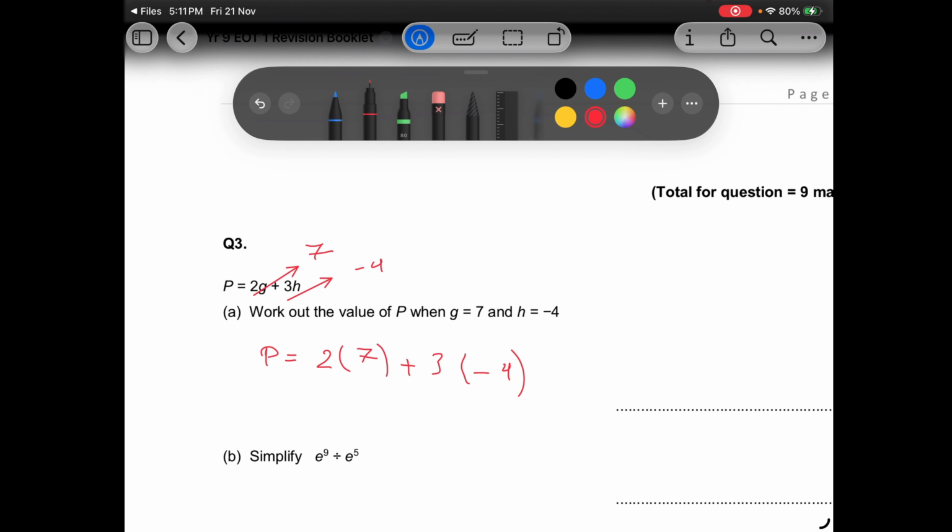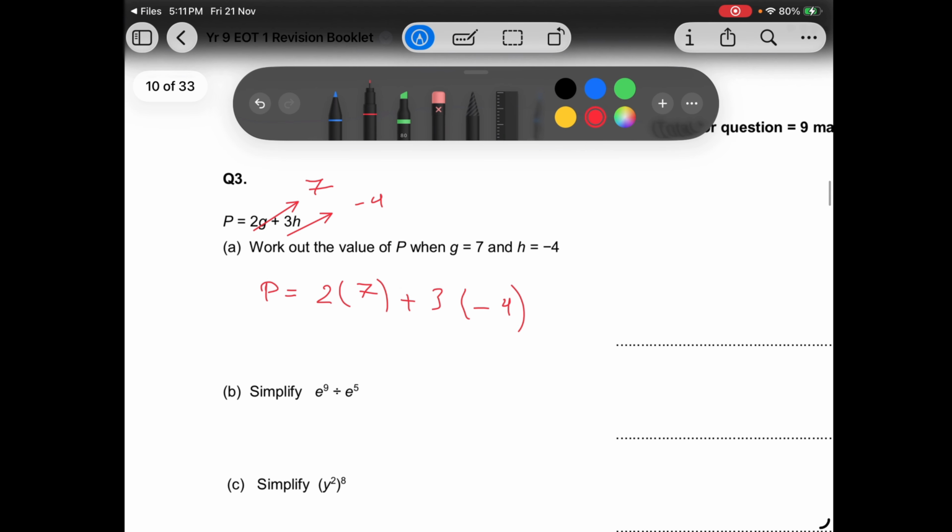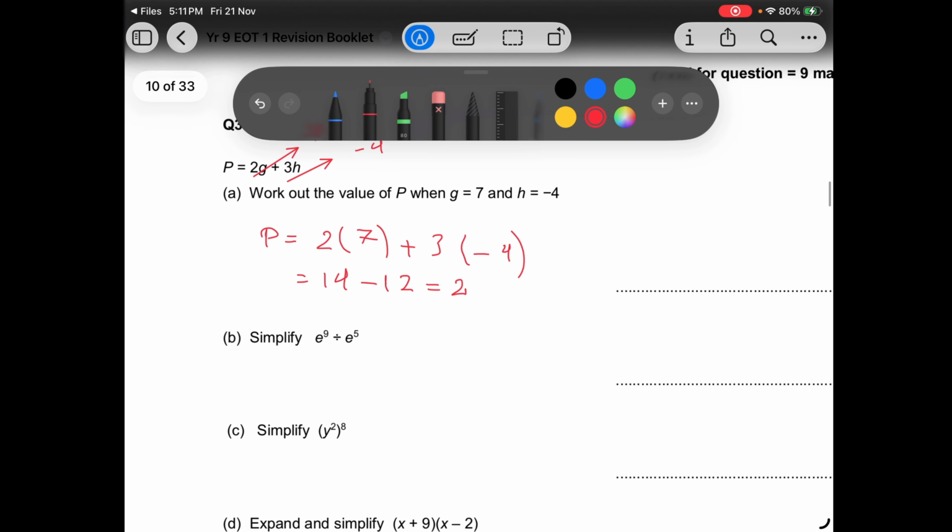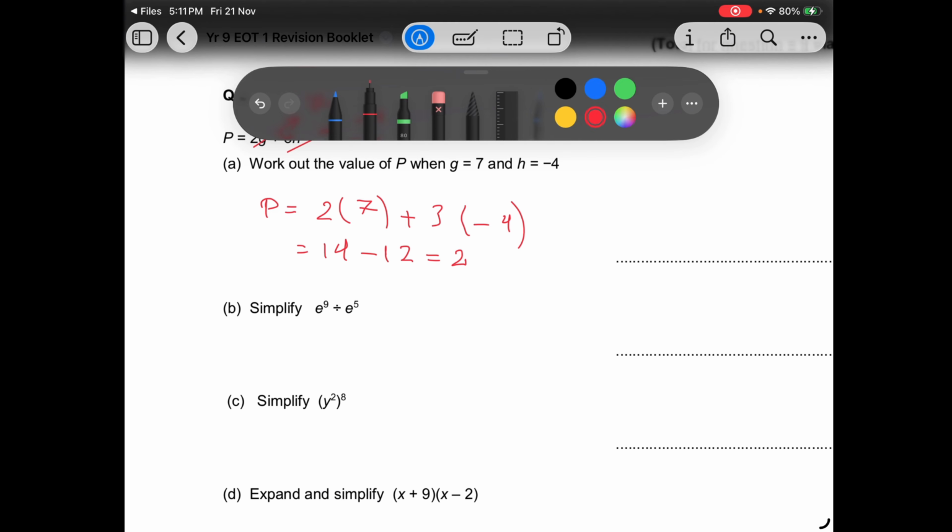I don't know if I have to do it mentally or by calculator, the way you like, but basically this is 14 minus 3 times minus 4, 12, and 14 minus 12 is 2. Okay, you can do it by calculator, of course.